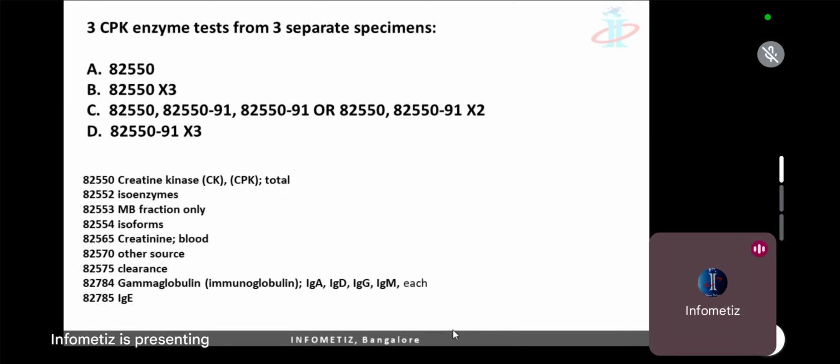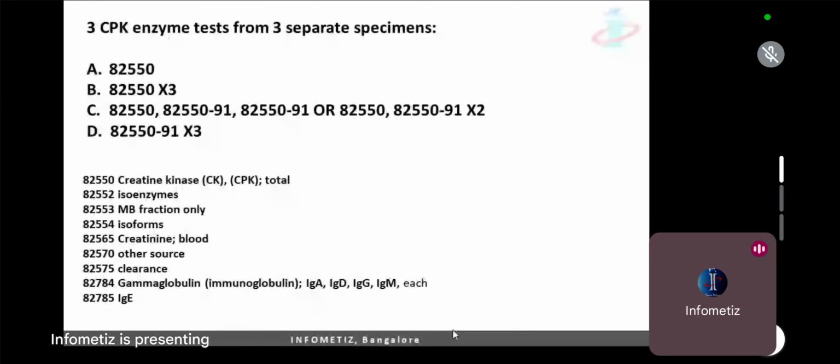Yesterday we saw how to use the 91 modifier. Is it option C? Yes, it is. 82550 says only CPK, right? CPK total. All the options have the same code. Here you can use it. See, you cannot use the 91 modifier only with surgical pathology.